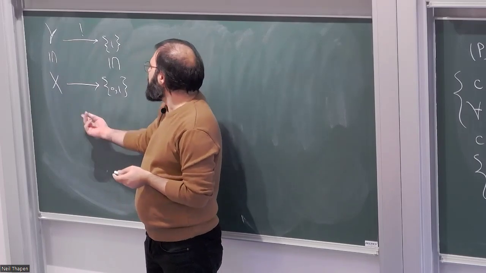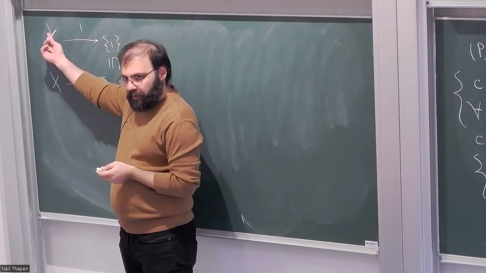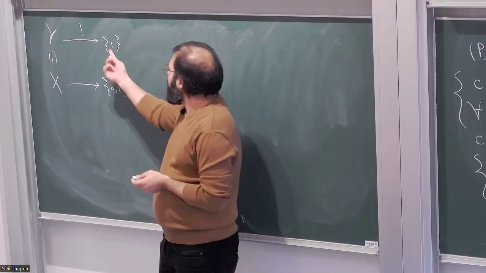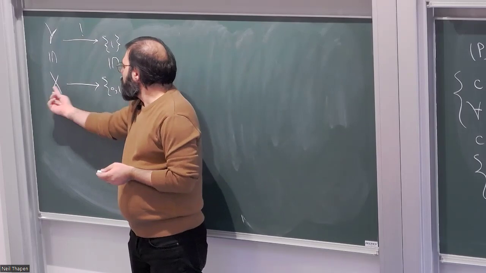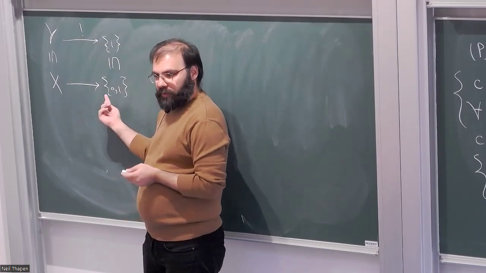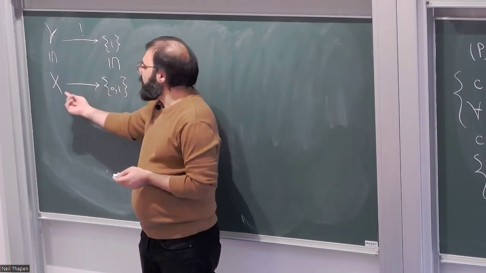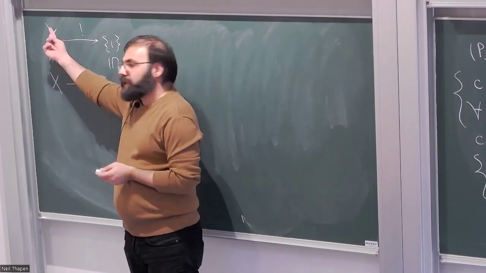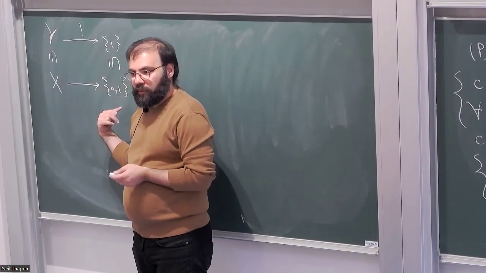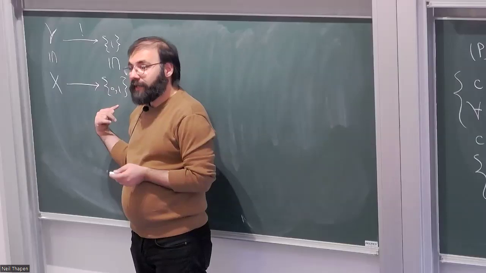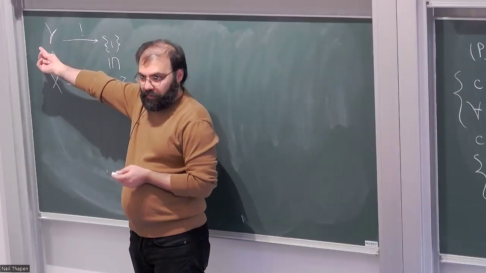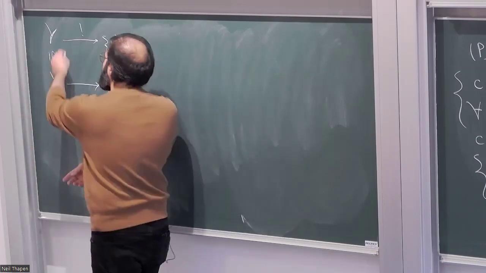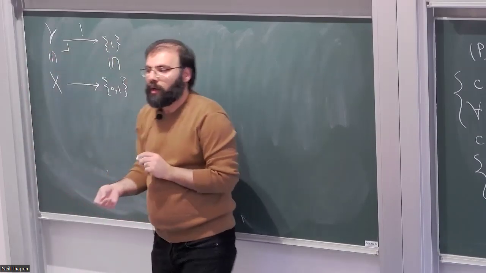Commutativity simply says that if you start with something in Y and go here, you get 1, and via the characteristic function you also get 1. It simply says that the characteristic function maps Y to 1, but it does not say that it maps nothing else to 1. For that, you need your Y to be the biggest one, meaning that this square is a pullback, right?